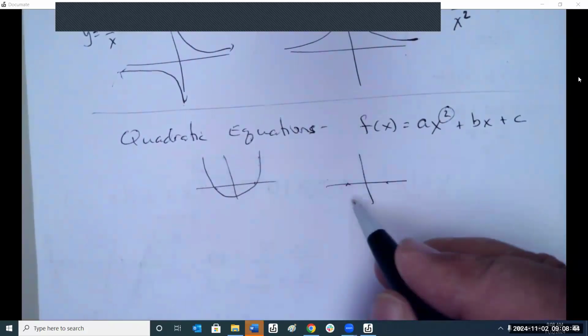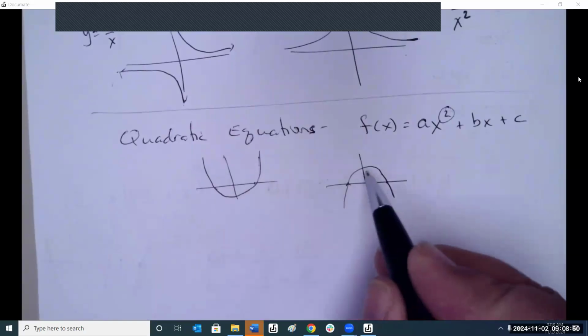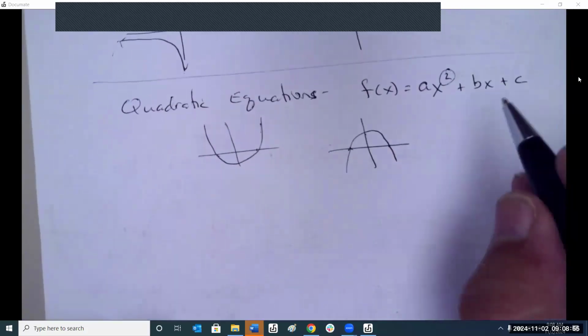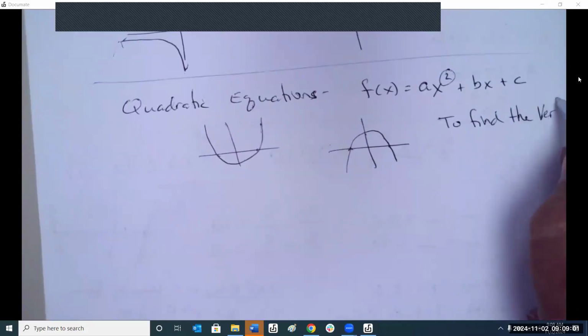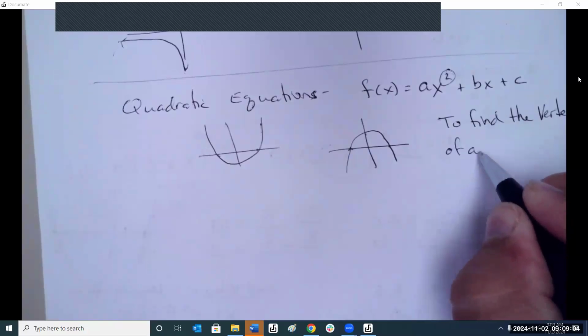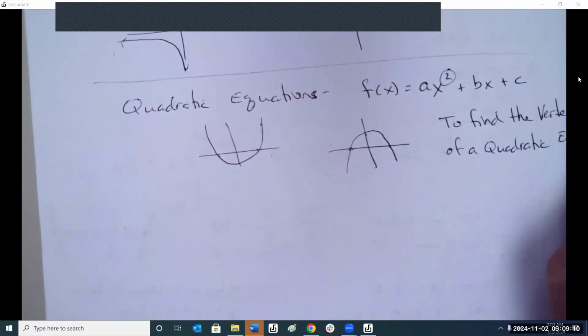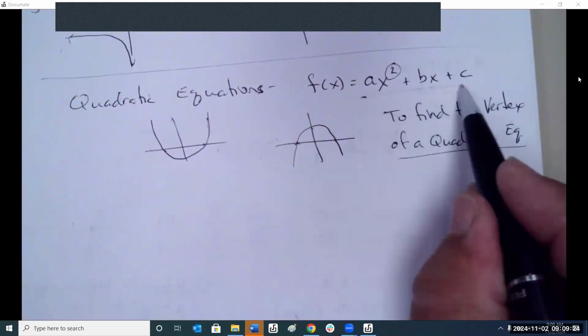So we can either look like this, or like this. So we only have one extrema, the vertex. So to find the vertex of a quadratic equation in the standard form, this is standard form right here, if it looks like this.